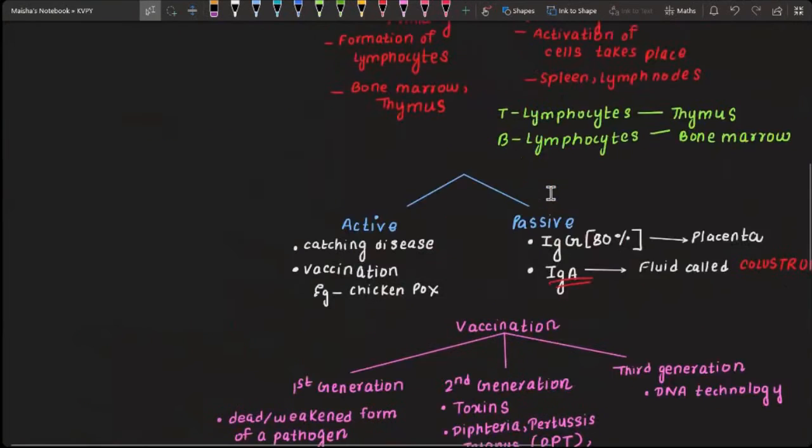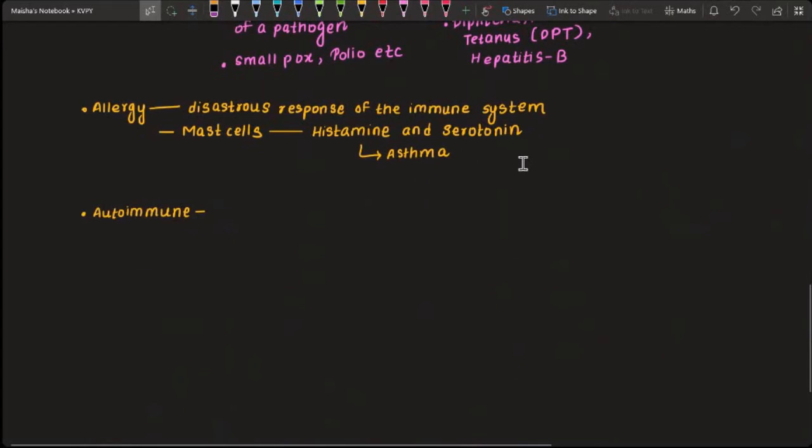And then we have an autoimmune disease. Know that the immune system is very efficient at differentiating self cells from non-self cells because of specific kinds of receptors present.